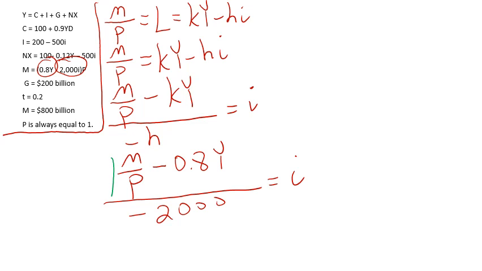So, 1 divided by negative 2,000 gives us negative 0.00005 M over P, plus negative 0.8 Y divided by negative 2,000, which will give us a positive number.